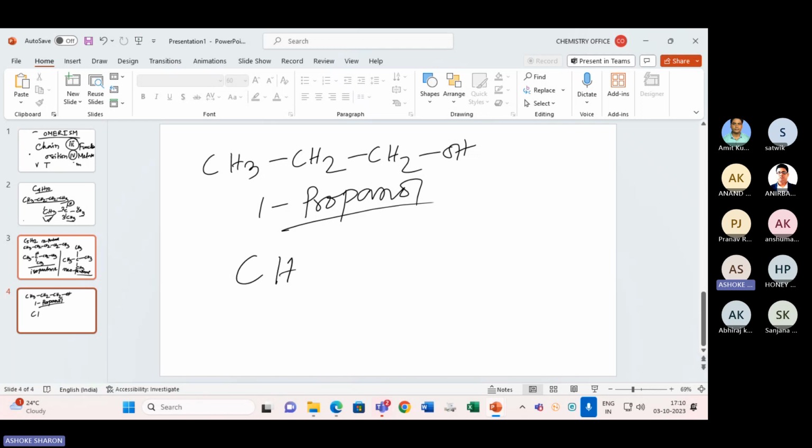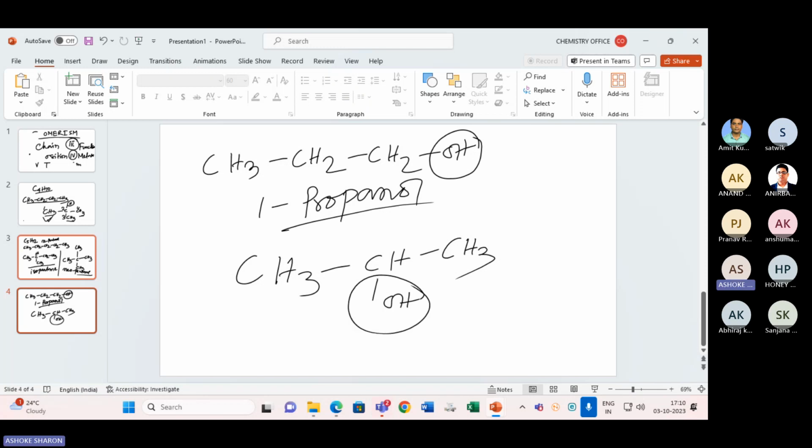For example, how can we write this? CH3, CH, OH, CH3. Okay, now what you observe, the OH position was initially in the terminal position. Now the OH position is in the branch position. So initially it's called 1-propanol, the second one is called 2-propanol.